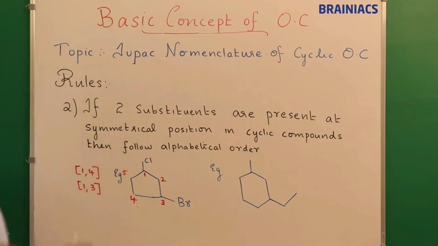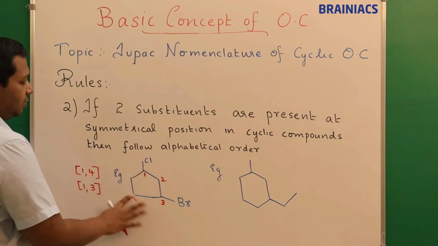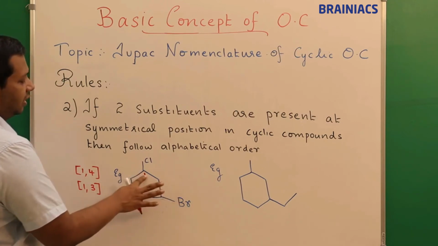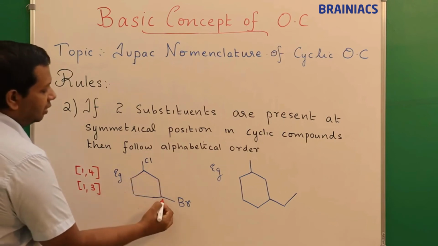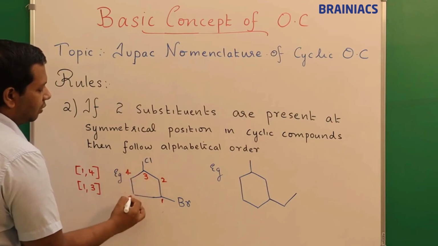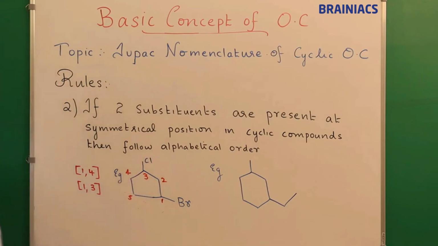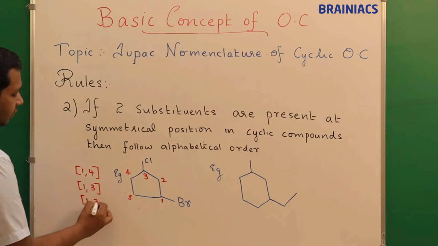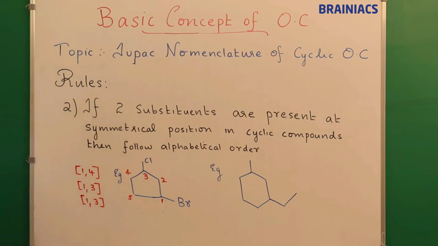Now there is a third person who came, and he did something like this. He gave 1 here, 2 here, 3 here, 4 here, 5 here. Now again I am looking at the locant set. This becomes 1, 3.